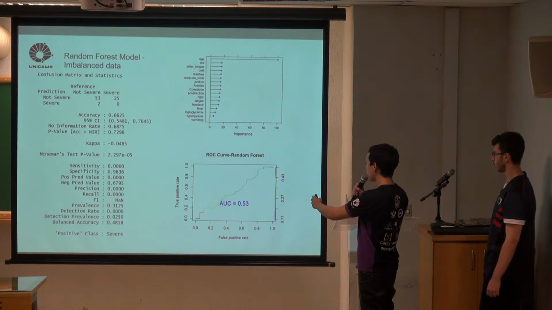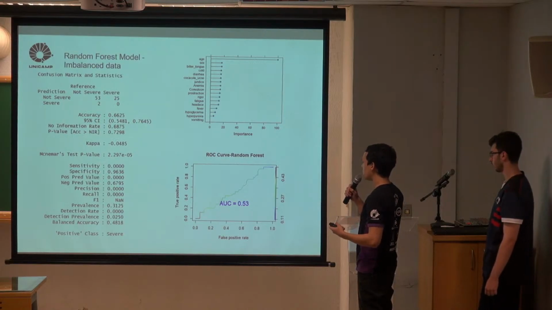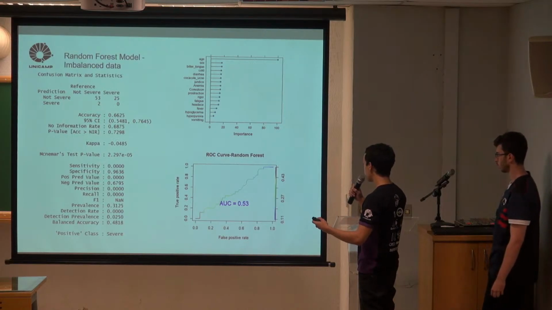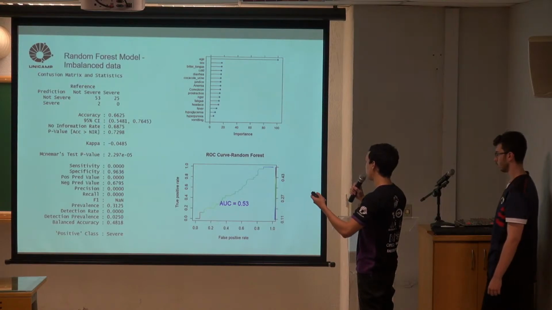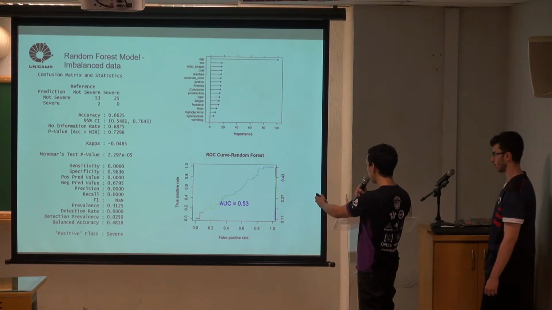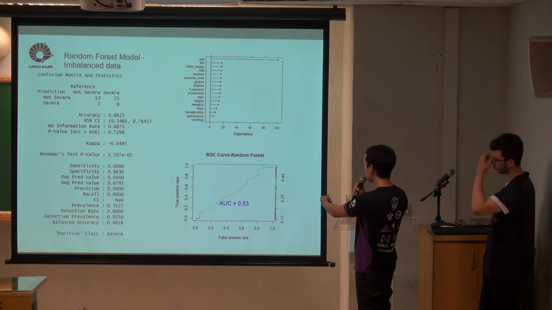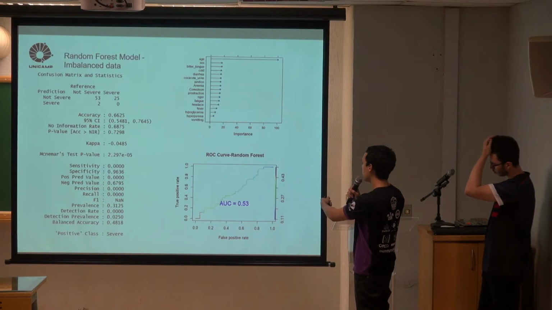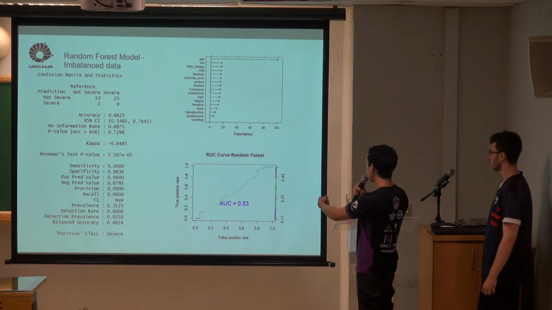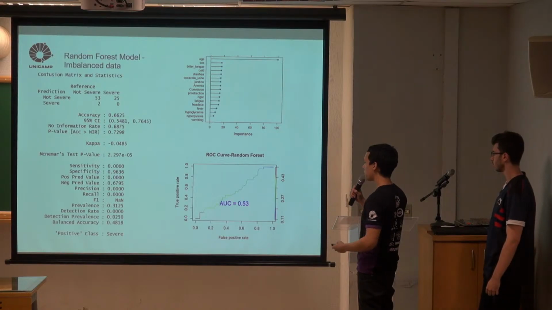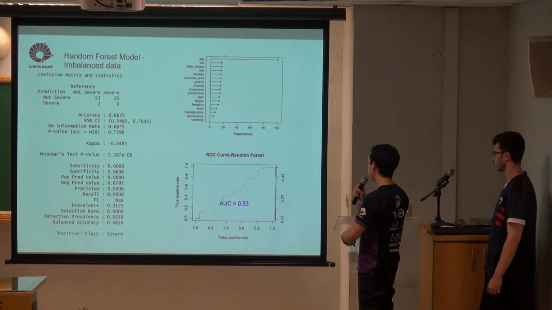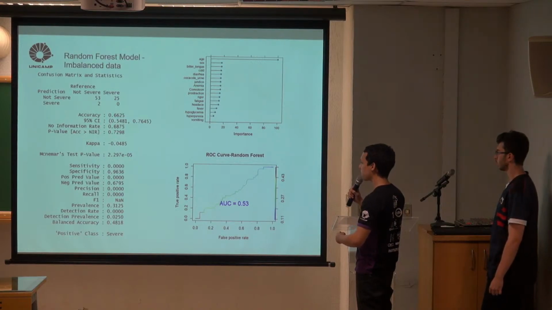So the objective here is to predict the true positive rate, so we need to get it high, and the false positive rate, we need to get it lower. And the AUC is the area under the curve. AUC would be the probability of getting a true positive rate prediction rather than a false positive rate prediction.